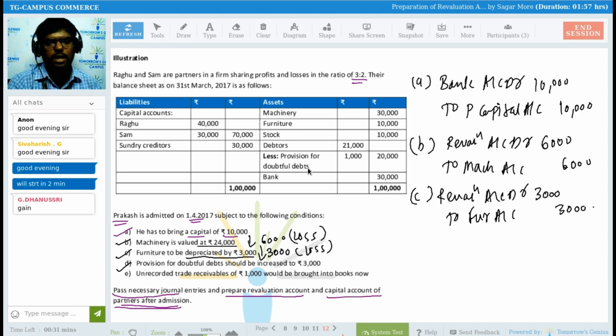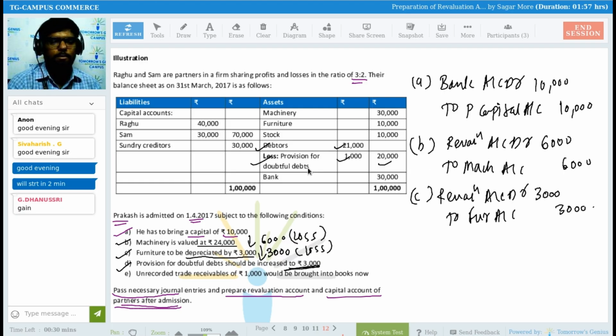Okay, D now. Provision for doubtful debt should be increased to rupees 3,000. So what does it mean? First I am explaining this to you, then tell me the answer. If you observe here, debtors are 21,000. From that you already subtracted 1,000, so now it is 20,000.